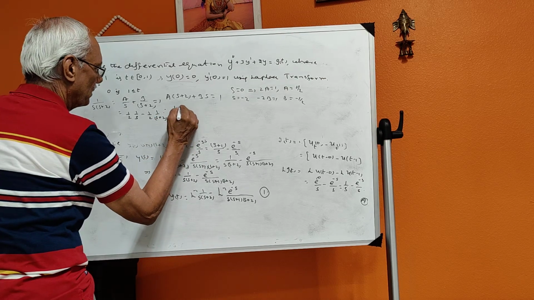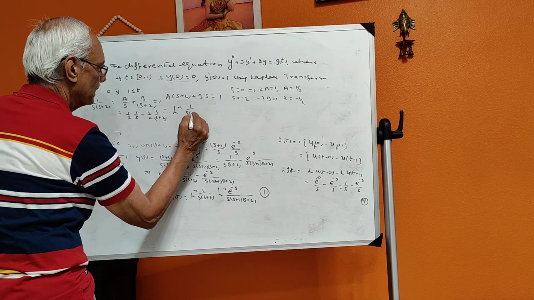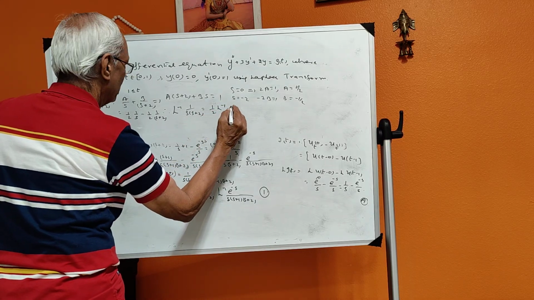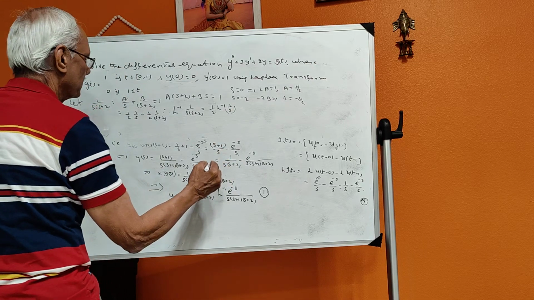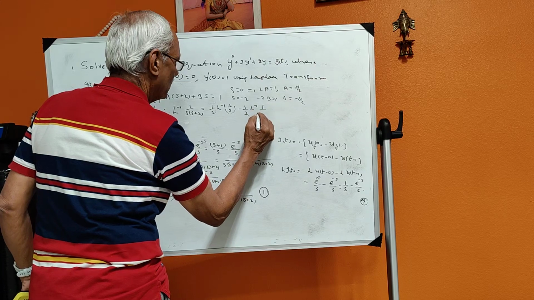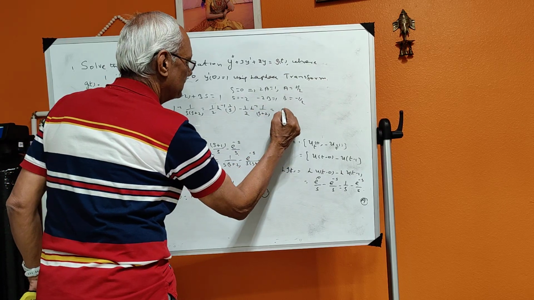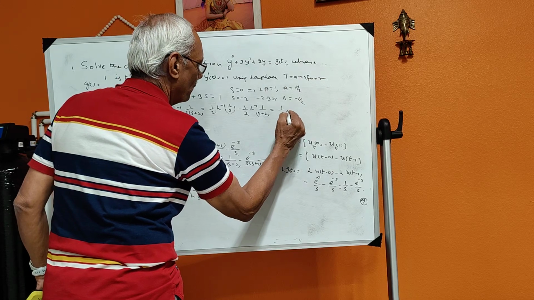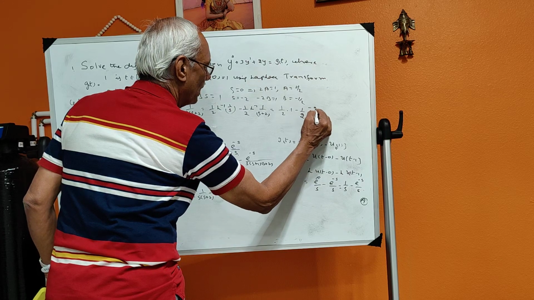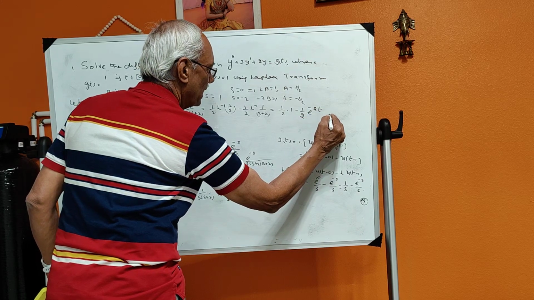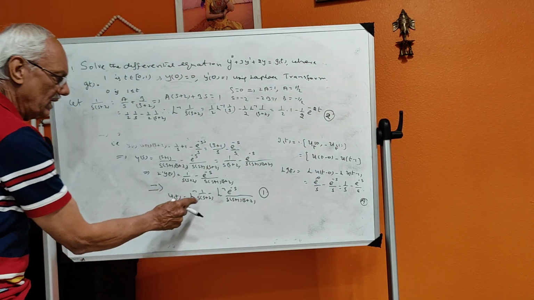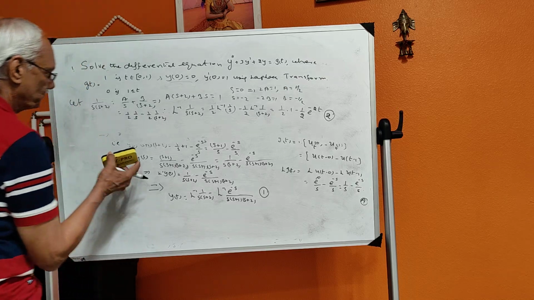Therefore, L minus 1 of 1 by s into s plus 2 is equal to half into L minus 1 of 1 by s minus half into L minus 1 of 1 by s plus 2, that is equal to half into 1 minus half into e to the power of minus 2t. Call this as your 2. So I am able to get the inverse Laplace transform of this.